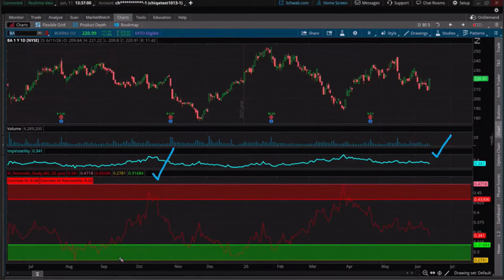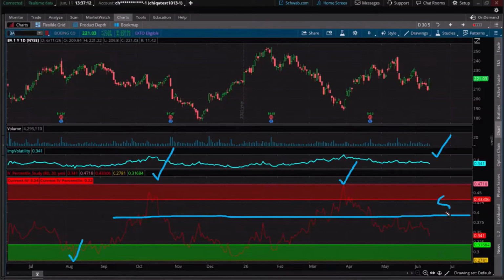You can see where the high and the low is over our 1 year time frame, which I think is a good time frame to look at. If we were to draw a line through here, are we above the 50%? Absolutely not. And even a step further, what about companies that are crossing above the 50% level or whatever number we want?